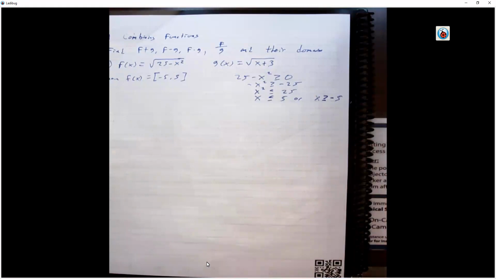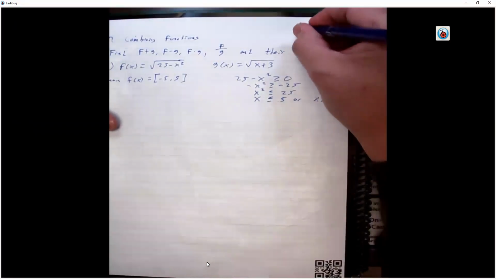If you had 5 or greater or 5 or below, I would have 2 different intervals, like -infinity till 5, and then 5 to infinity. But this has a small section. Let me show you the picture.